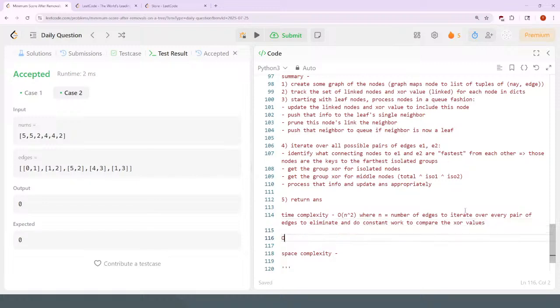Now that's one part, and then I think it's also O of n squared to create the sets of nodes that are closest to every edge and node pair, where edge node 1 or edge node 2 are connected by that edge.